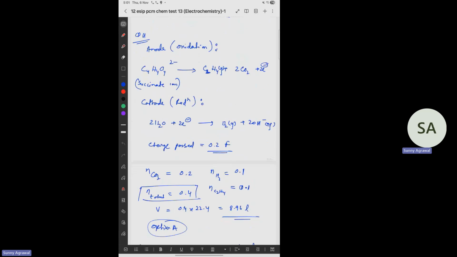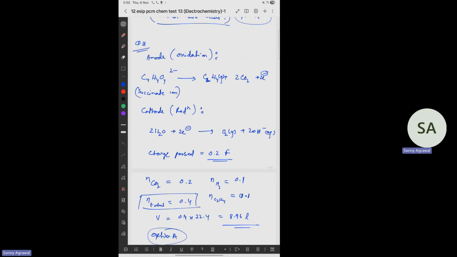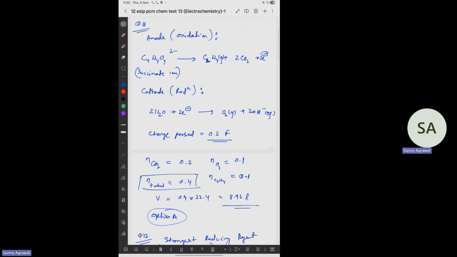So what we can observe here is that for the first reaction at anode, 2 moles of CO2 will be produced and 1 mole of ethylene will be produced when 2 Faraday charge is passed. So total 3 moles of gas will be released by 2 Faraday charge. Similarly, for reduction, 1 mole of hydrogen gas will be released for 2 Faraday charge.